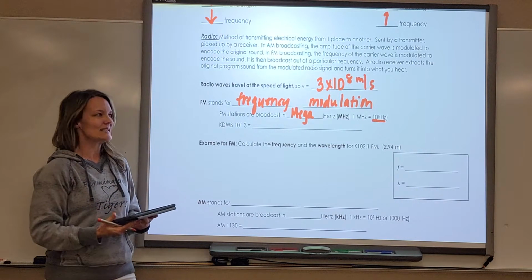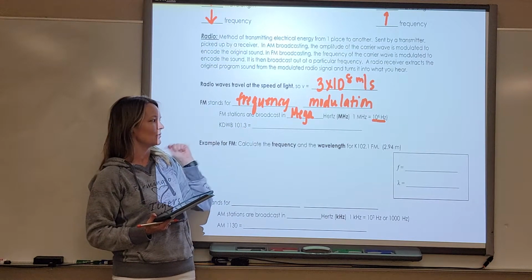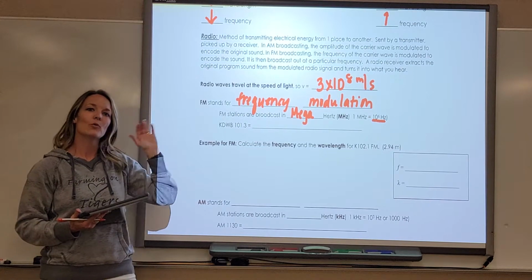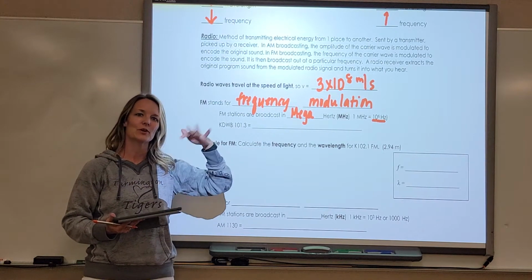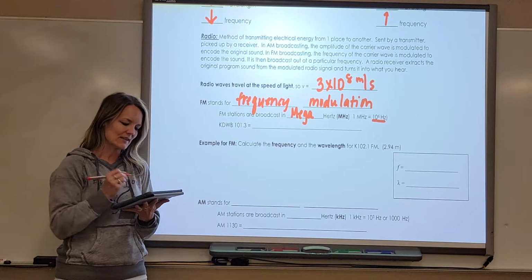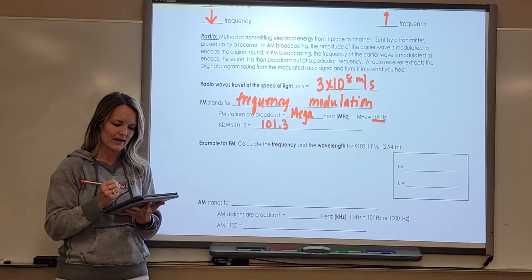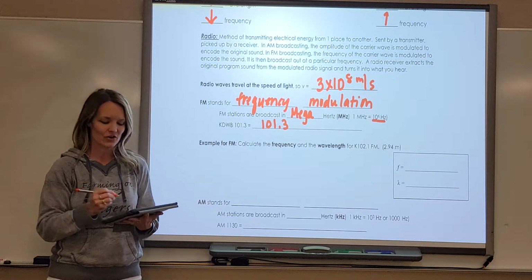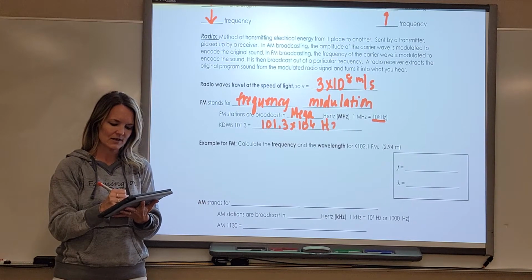So whatever radio station you're listening to, say KDWB 101.3, the 101.3 is actually telling you the frequency at which the waves are being broadcast. So the frequency for 101.3 is 101.3 times 10 to the 6th hertz.